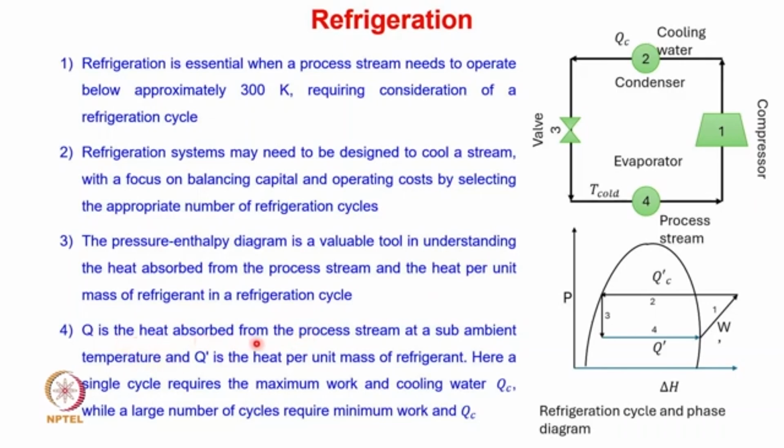Q is the heat absorbed from the process stream at a sub-ambient temperature. Q dash is the heat per unit mass of refrigerant. Here a single cycle requires the maximum work and cooling water QC, while a large number of cycles require minimum work and QC.